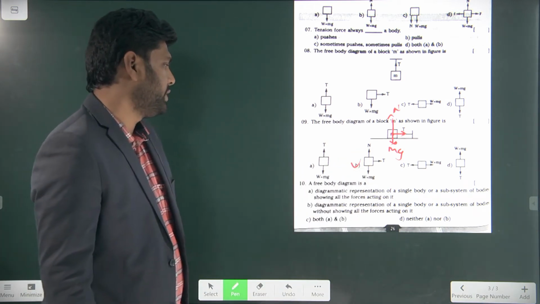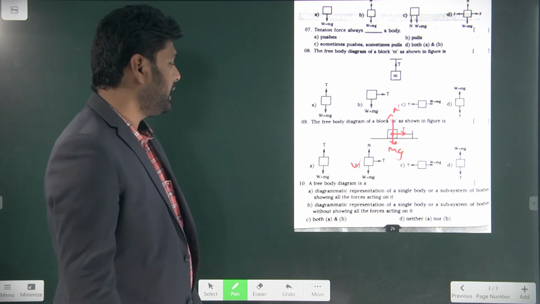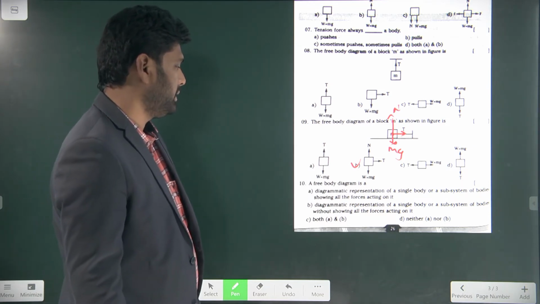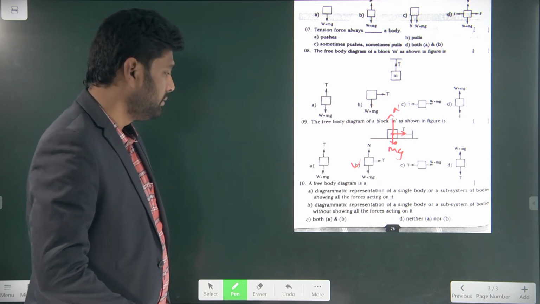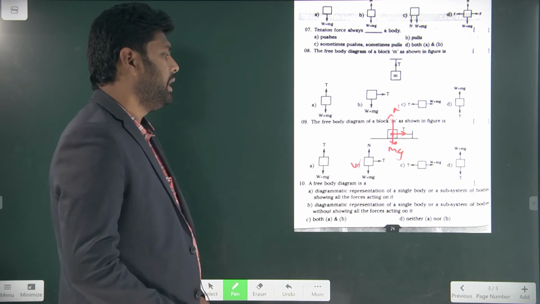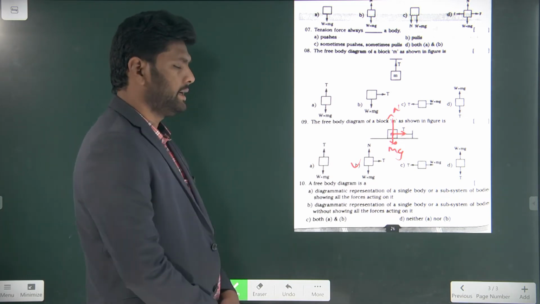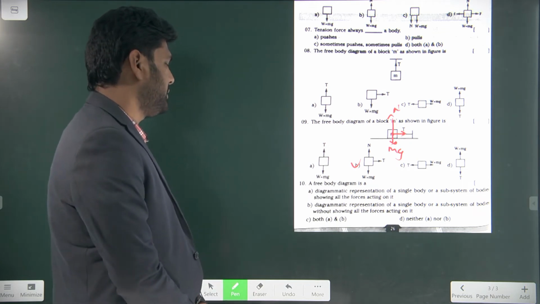You are right. Next, 10th question. A free body diagram is a diagrammatic representation of a single body or subsystem of bodies showing all forces acting on it. That is the first option.